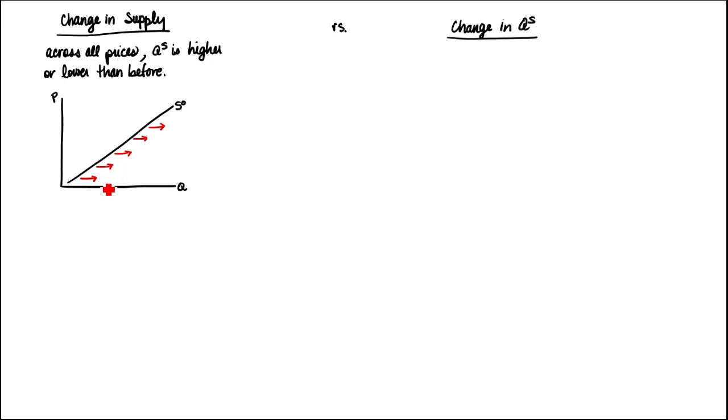So at all prices, firms are willing to put more on the market for sale. If I connect all these, I get a new supply curve S1. So what we've just illustrated is an increase in supply, and we draw an increase in supply as a shift to the right.